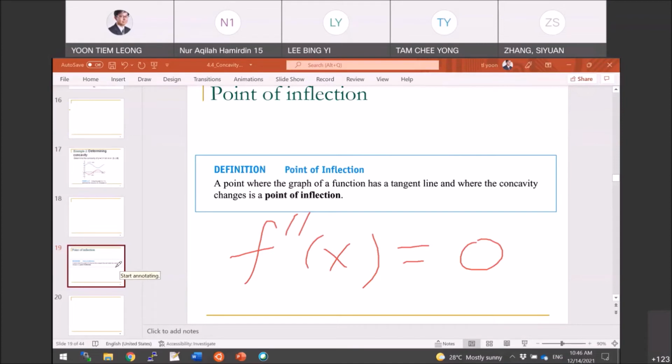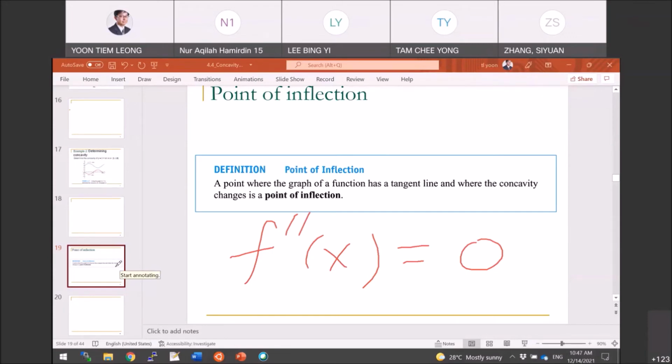Okay, so inflection point is more or less equivalent in a sense to the critical point. Right. For the critical point, you use it as an indicator to locate the local maximum and the point of local minimum as well. For the inflection point, you use it as a point that locates the change of concavity.